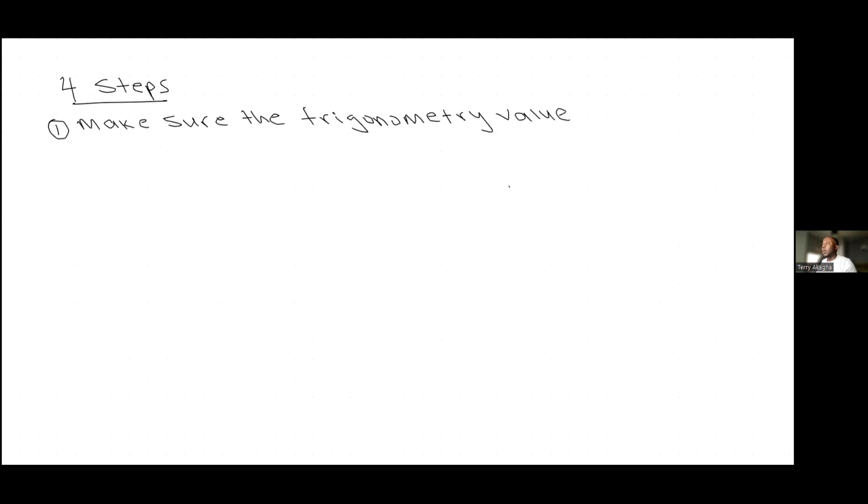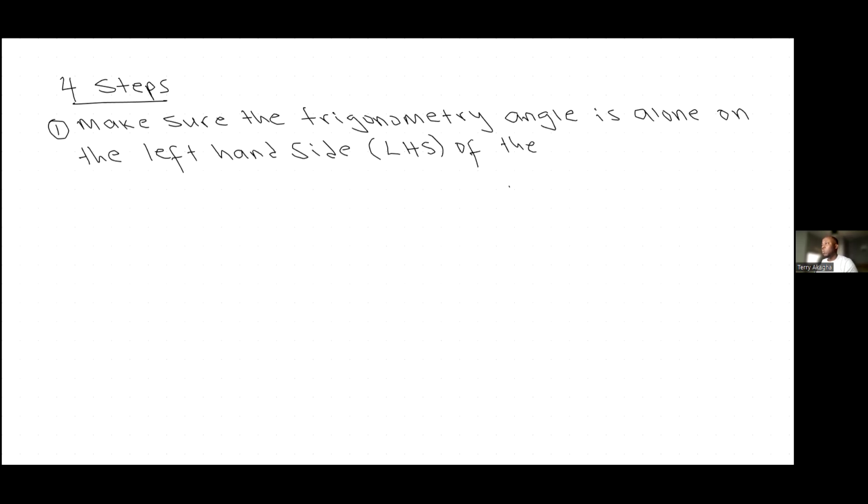So make sure that the trigonometry angle is alone on the left-hand side of the equation, and all other values are on the right-hand side.